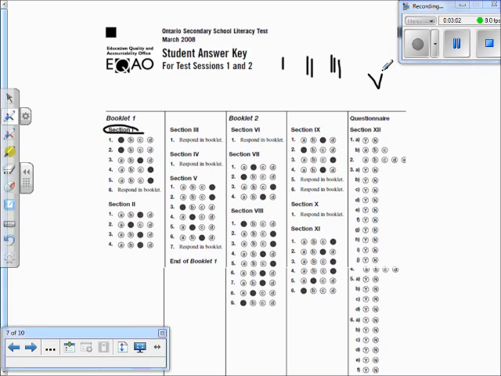A 5 is a V. If the 1 comes before it, that's a number 4, so you subtract it. You have 5 with the 1 after it, that becomes 6, so 5 plus 1. You don't really need to know this. You just need to be aware that on the top of the booklet, when it says IX, you come to this section to answer the questions. So make sure that you match the Roman numerals that you see on your paper to the answer sheet.